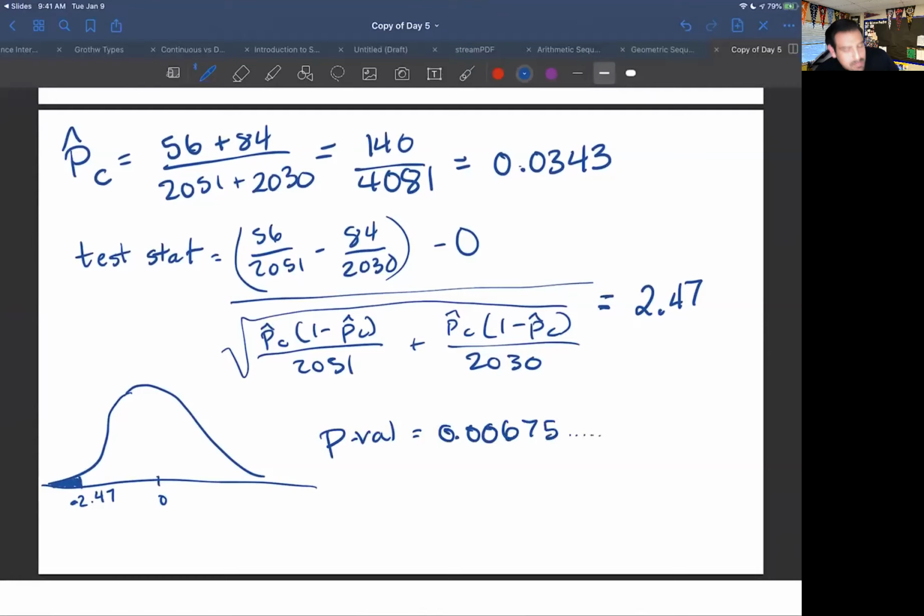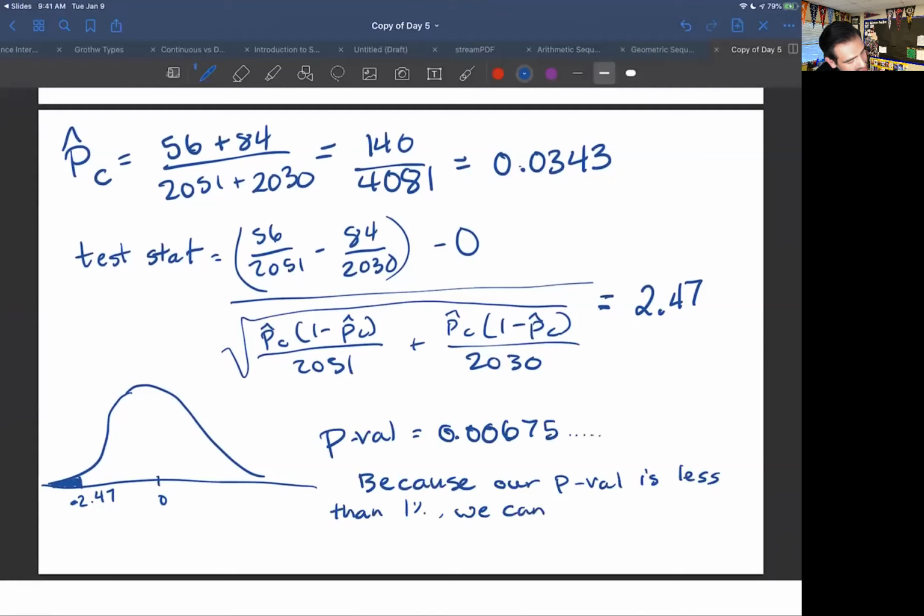So let's take this p-value and assess it against our significance level of 1%, because our p-value is less than 1%, less than alpha, less than our significance level.